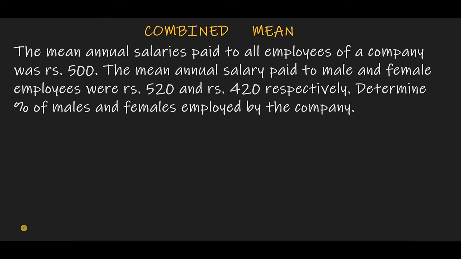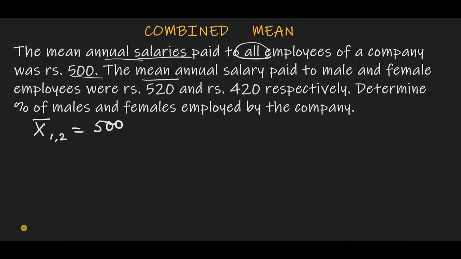Let's solve another type of question for combined mean. Here the question is: the mean annual salary paid to all employees of a company was rupees 500. It means the combined mean is rupees 500.